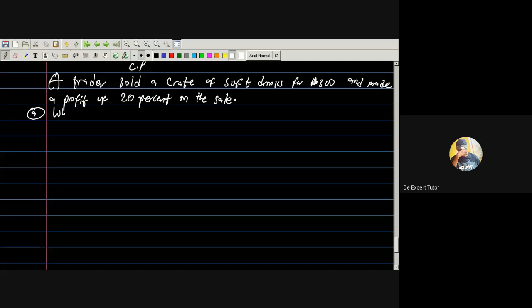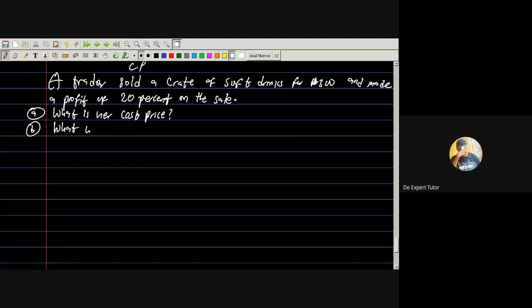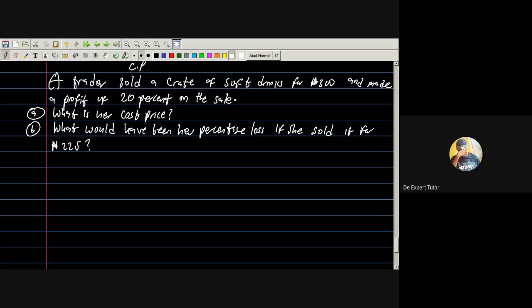A, what is our cost price? And B, what would have been our percentage loss if she sold it for 225 naira? Solution.